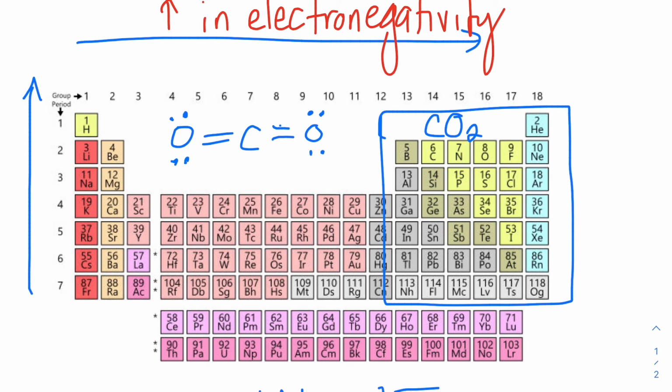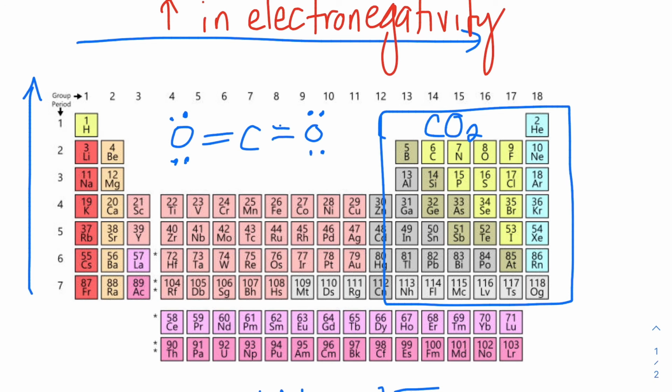So remember, when talking about bond type, you're going to see covalent sharing and ionic transferring of electrons. To understand when you're likely to see each, it has to do with how close these elements are in terms of their electronegativities.